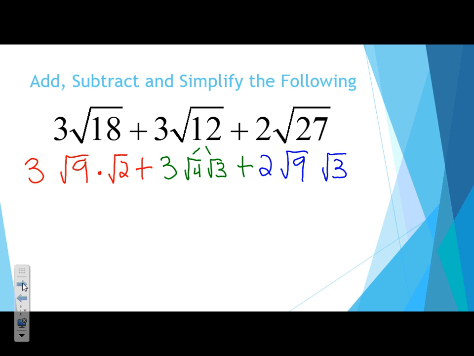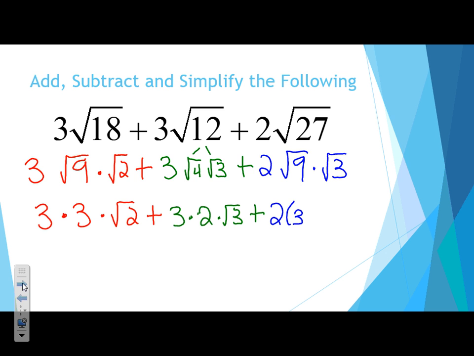We're good there. Now we're just going to break it down. So I have 3, square root of 9 is 3 times the square root of 2 plus 3 times the square root of 4 is 2 times the square root of 3 plus 2 times the square root of 9, which is 3 times the square root of 3.